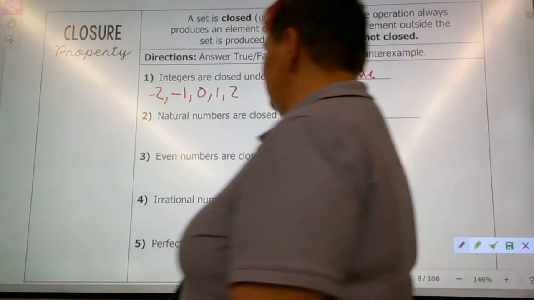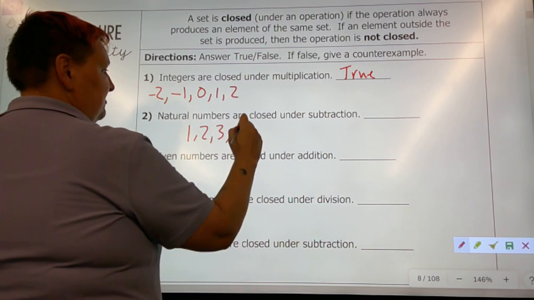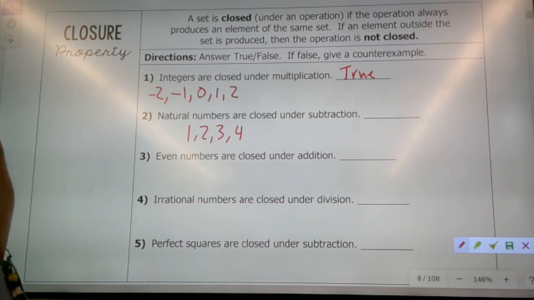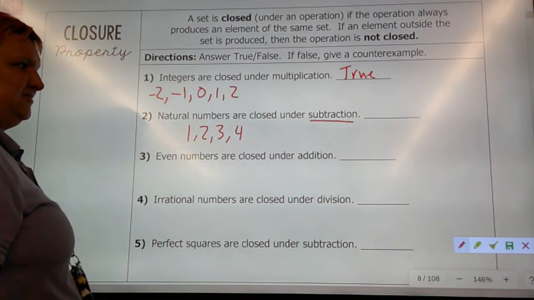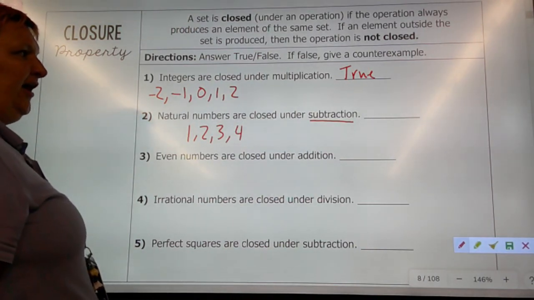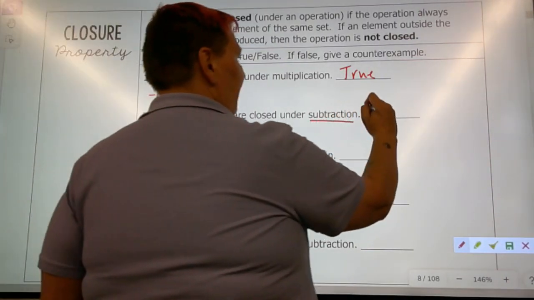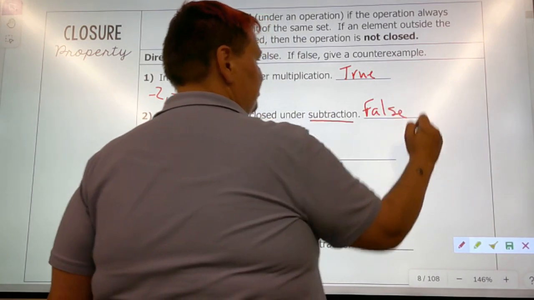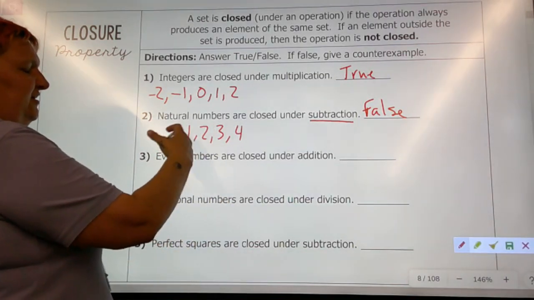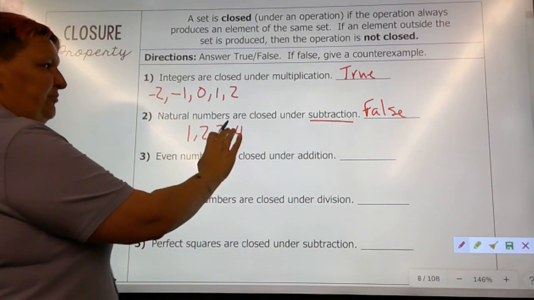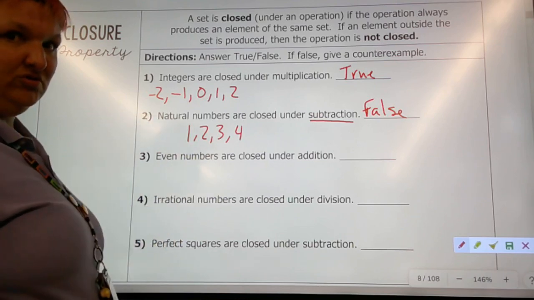Natural numbers are closed under subtraction. Natural numbers are your counting numbers. So if I subtract two natural numbers, am I always going to end up with a natural number? No. And if you're going to say something is false, you have to come up with evidence. So what two natural numbers can I subtract and end up with a not natural number?